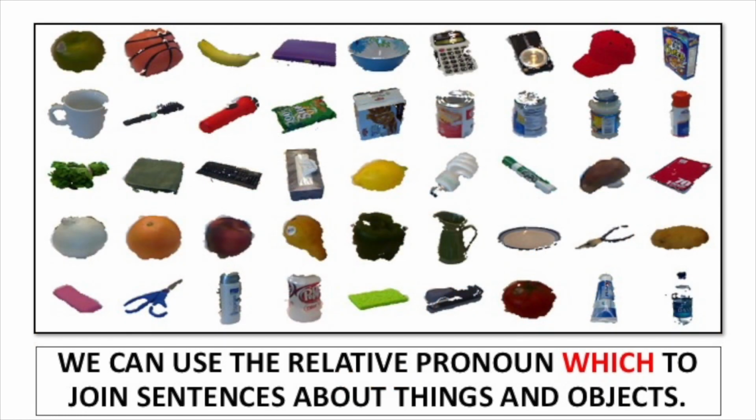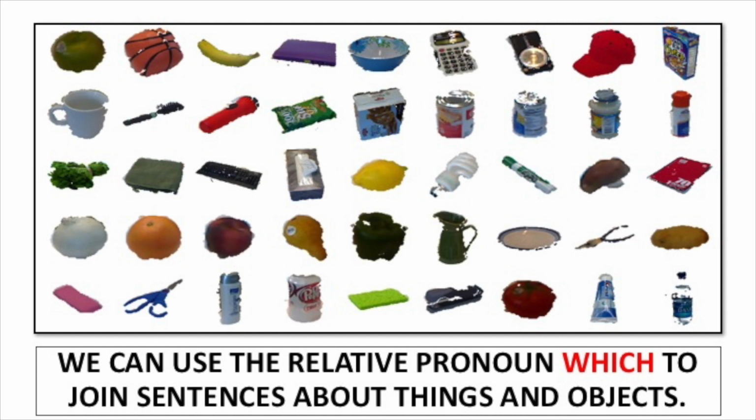We can use the relative pronoun which to join sentences about things and objects. And you can see in the picture here lots of things and objects. Any people? No. So we don't need to use who this time. Use who with people.